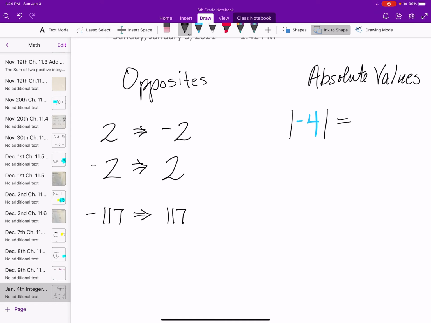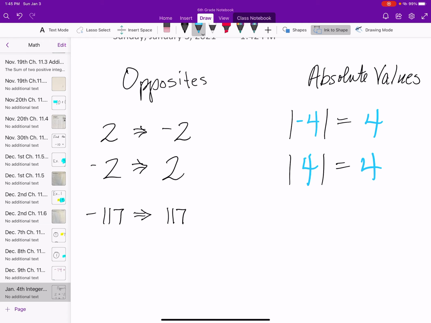So the absolute value of -4 would be a positive 4. Also remember, if you have a positive in your absolute value, then it stays a positive. An absolute value turns anything inside into a positive, whether it's negative to start off with or a positive to start off with. So both -4 and 4 in an absolute value bar would have the answer of 4.